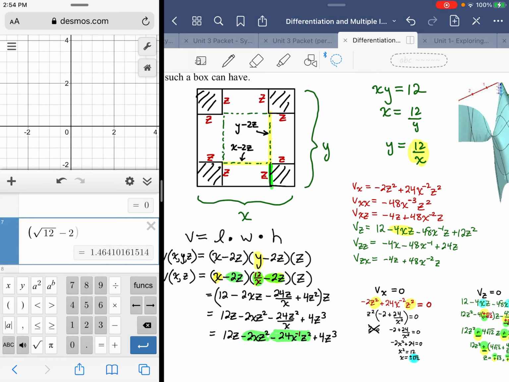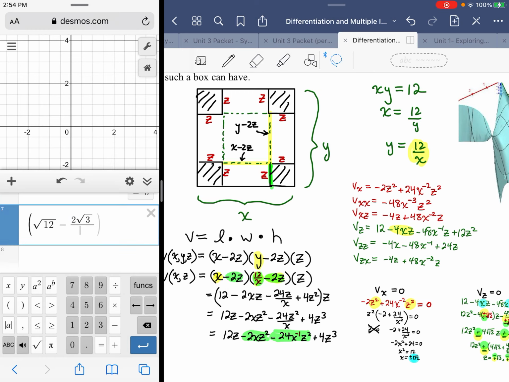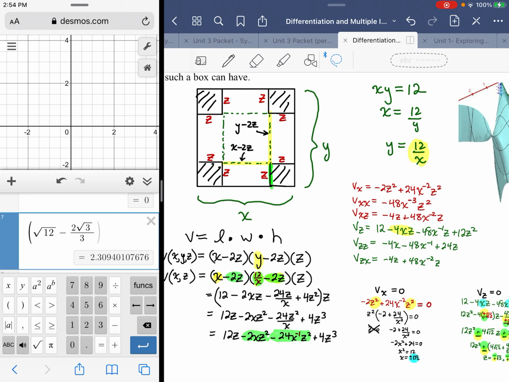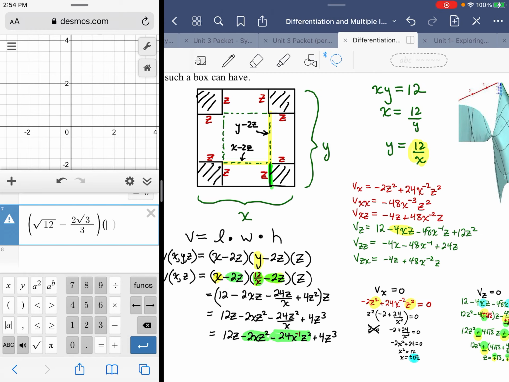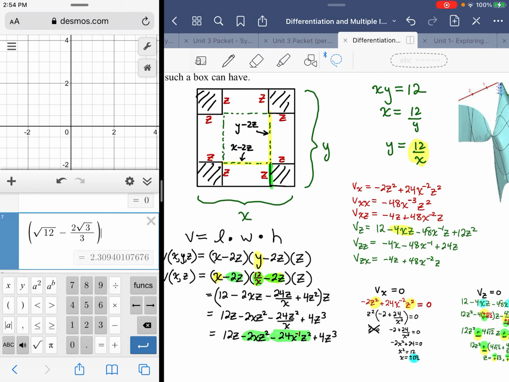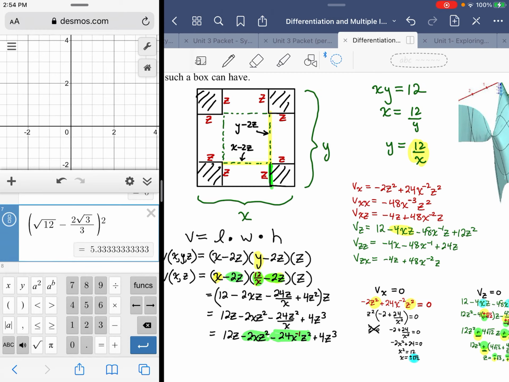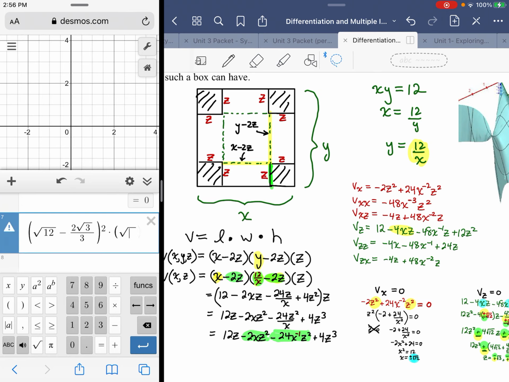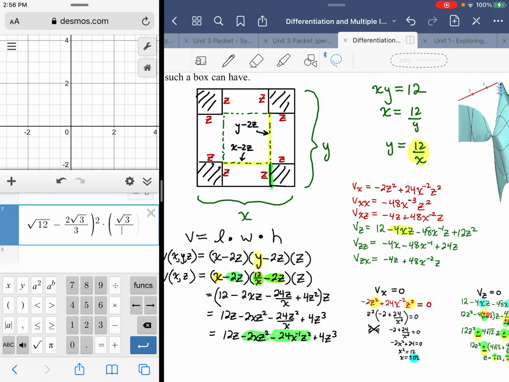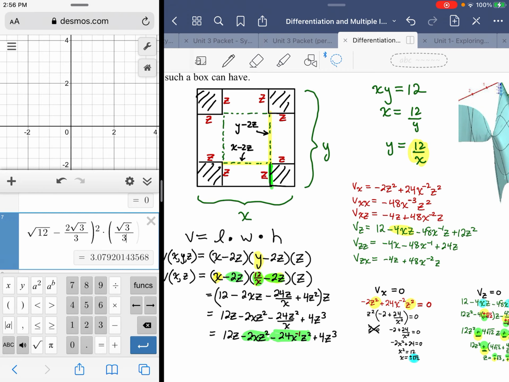Radical 12 minus 2 radical 3 over 3. Two of those, right? So let's just square that and multiply that by radical 3 over 3. And so that's going to give us the maximum volume.